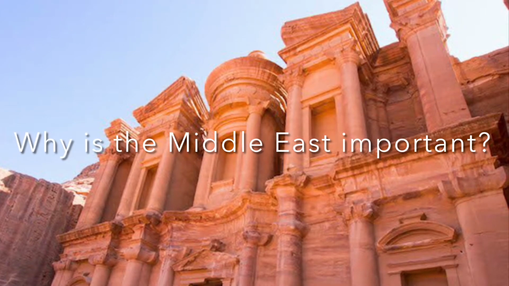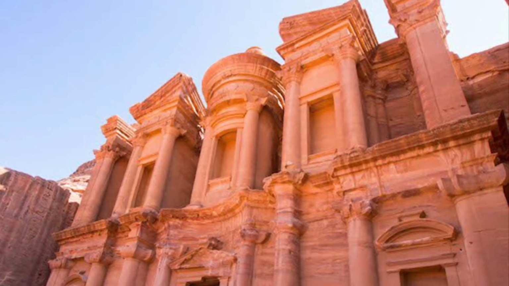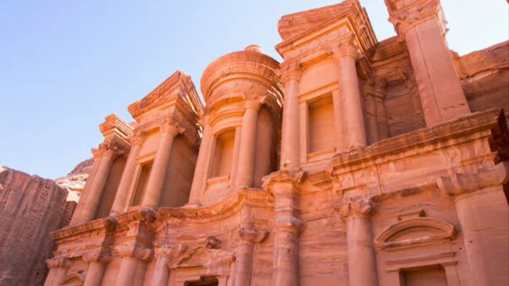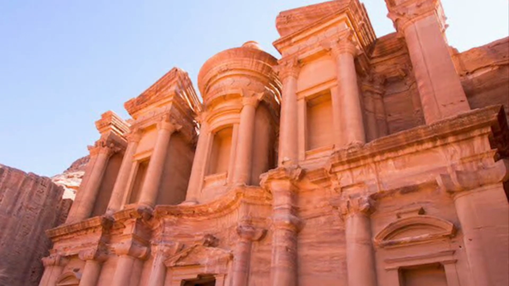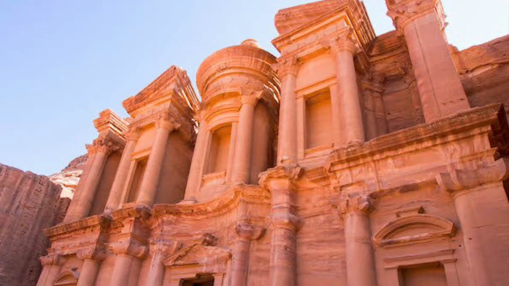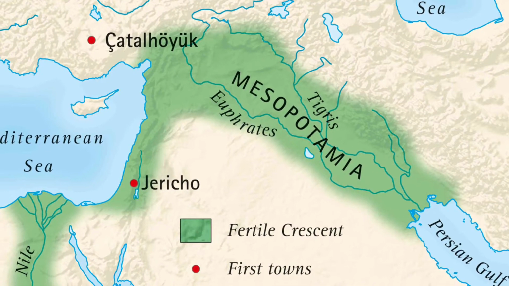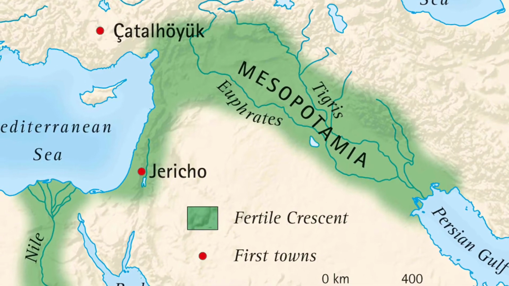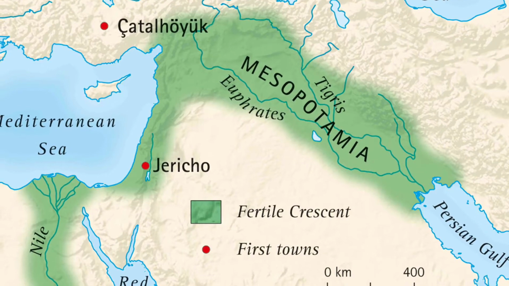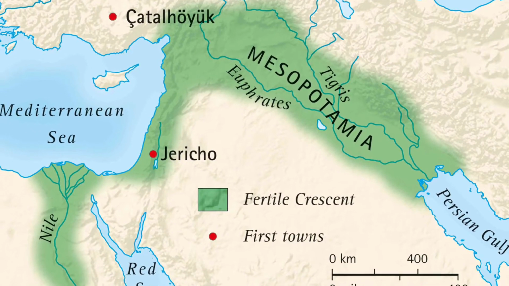So why is the Middle East important? Although the Middle East gets a lot of negative attention in the news these days for things such as terrorism, civil war, hunger, famine, the Middle East was the cradle of civilization, and Mesopotamia, the area between the river Tigris and the Euphrates, was one of the places where amazing ancient civilizations and people developed.